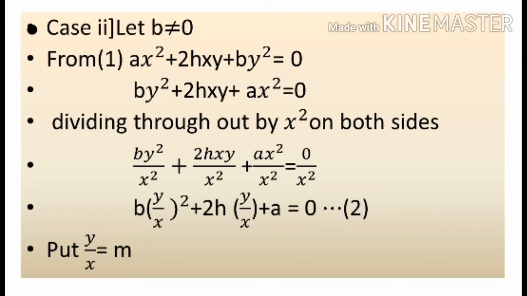Therefore, b into (y upon x) square plus, here x gets cancelled, 2h into (y upon x) plus, here x square gets cancelled, a equal to 0 upon x square, which is 0. Now put y upon x equal to m.